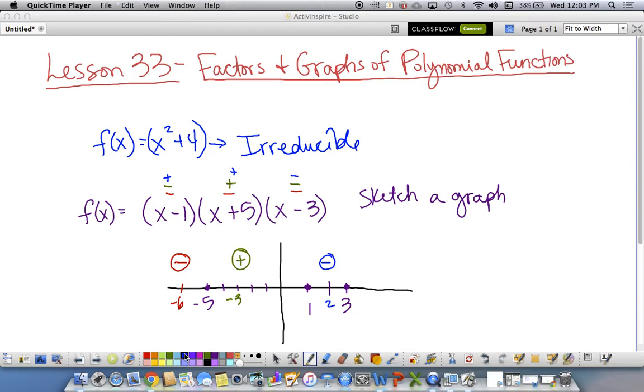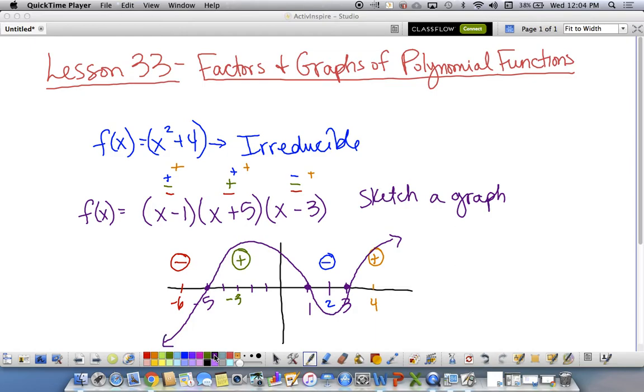And last but certainly not least, we might plug in a 4. A 4 would make this be positive, and positive, so it would be positive. It's going to switch every time. So it's going to start negative, go to positive, go to negative, then back to positive. That would be a sketch of that graph.